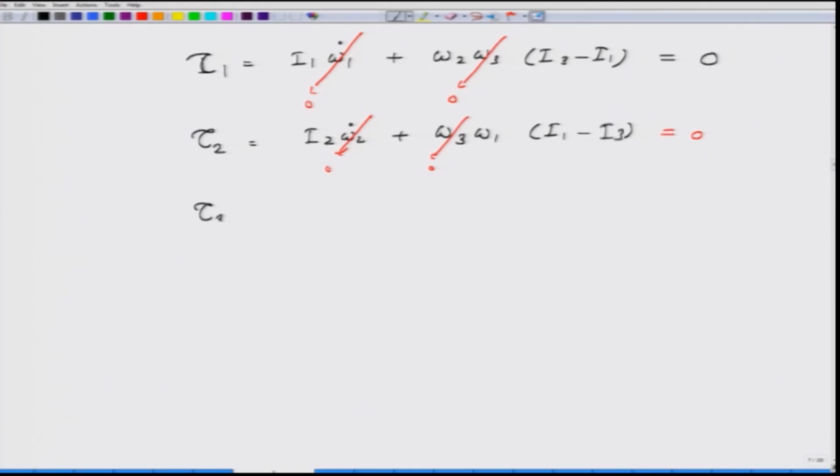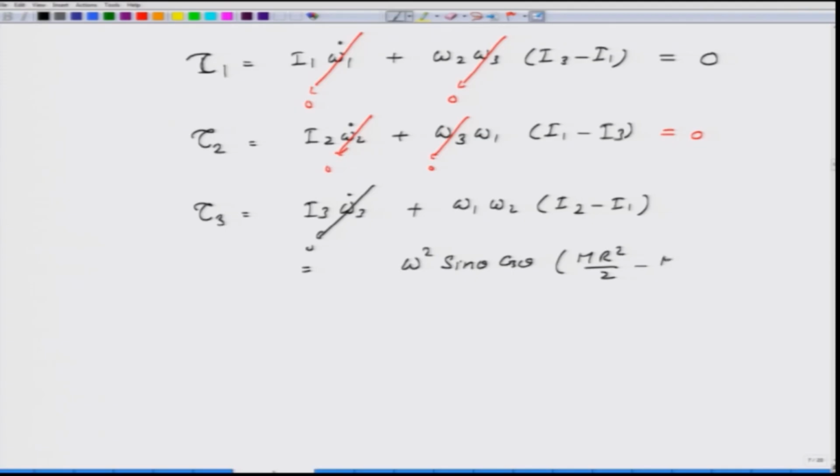Tau 3 is I3 omega 3 dot, this is also 0, plus omega 1 omega 2 (I2 minus I1), and this gives me omega square sin theta cosine theta (m r square by 2 minus m r square by 4), and therefore, the answer is omega square sin theta cosine theta m r square by 4.